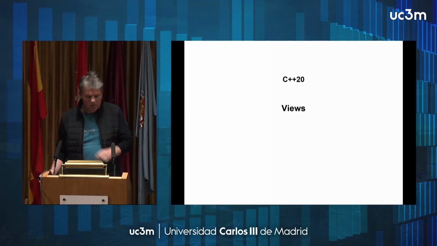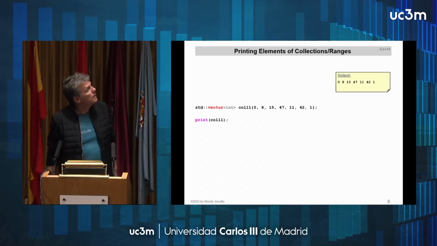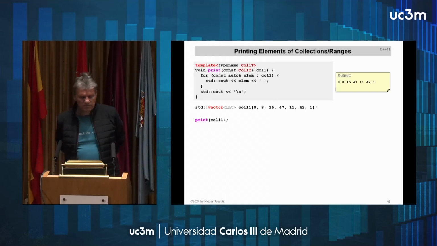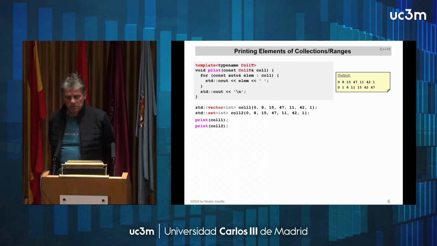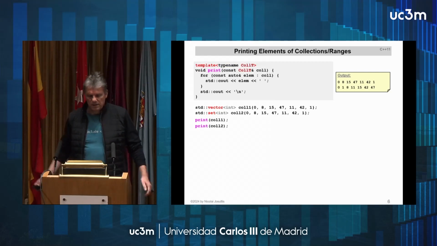So just for those who don't know about details, what is a view? Well, if you have, for example, a vector and you have a print function, you can have some function template that takes an arbitrary collection of elements and call this function template print, iterate over the elements to print them out. And that is generic code. This works for sets, but this also works for other things.